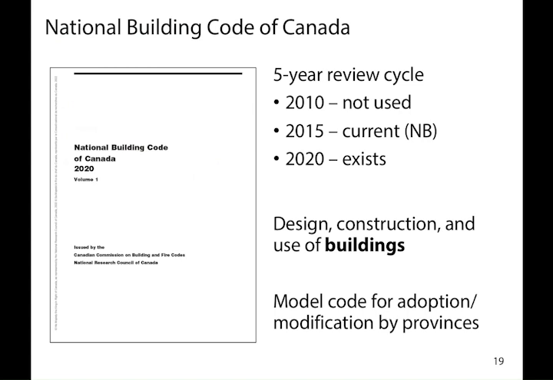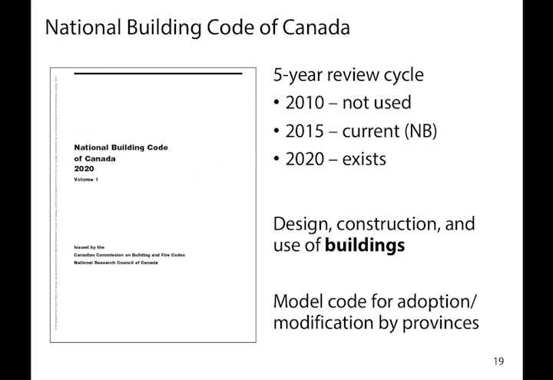But the building code is a federal document, and construction and engineering is not legislated at the federal level. It's legislated at the provincial level. And so it's the province's responsibility to either accept or modify the NBCC in a way that it works for the province. And so in New Brunswick, for example, because we're poor and don't have a lot of budget, we just say we accept NBCC as it is.